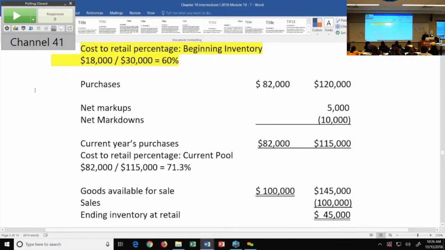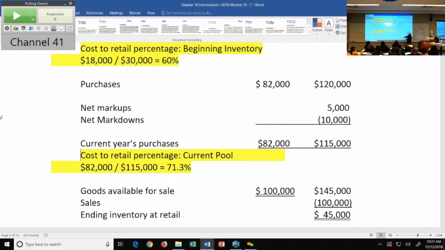The next layer is going to be current cost only. So the current pool for the current layer is going to be the FIFO costs, right? Same prices for the current year. It's 71.3. So when we need to value, and the increment is 15, right?